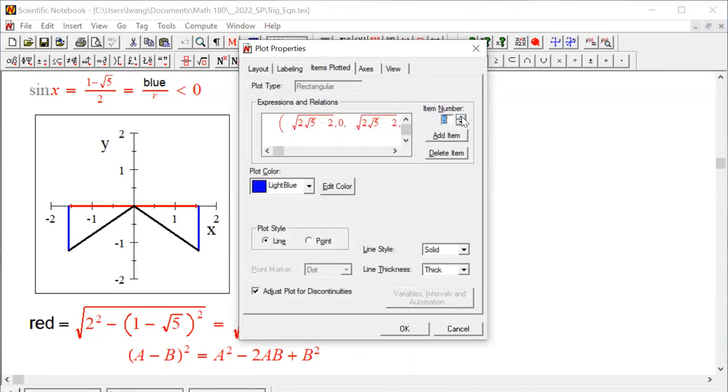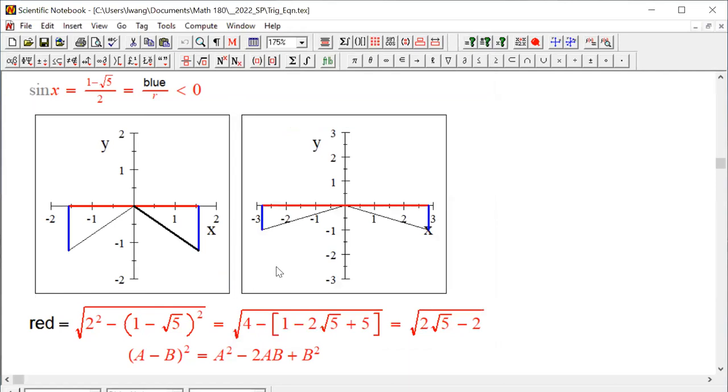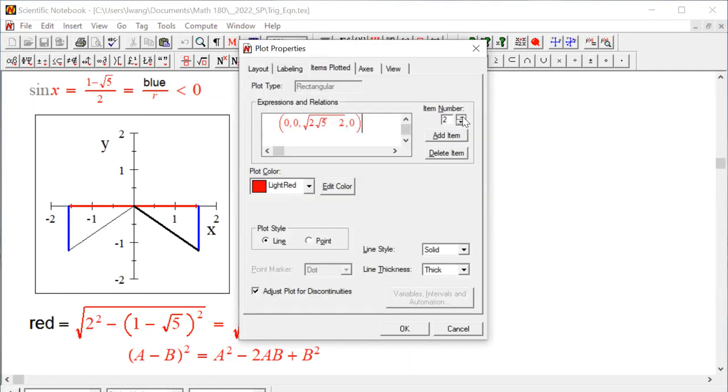So how do I make them prettier? The line, oh, we want it thin. Okay, we want it to be thin. Too thick. Whoops. Oh, wait. This piece.